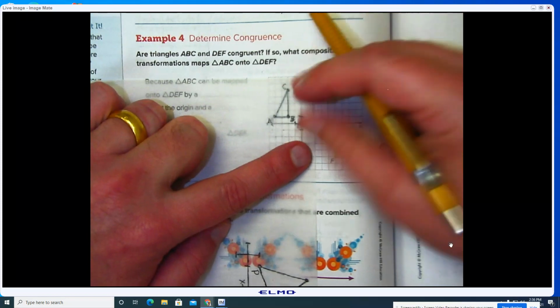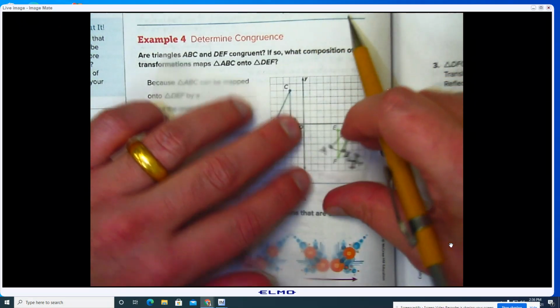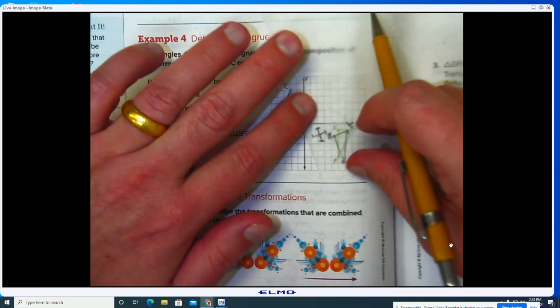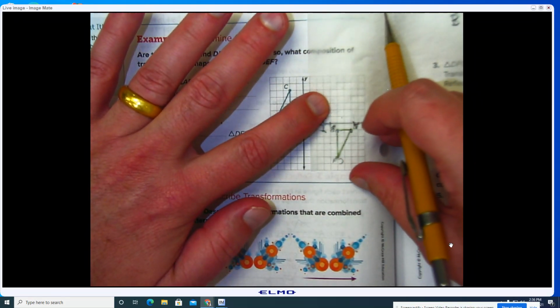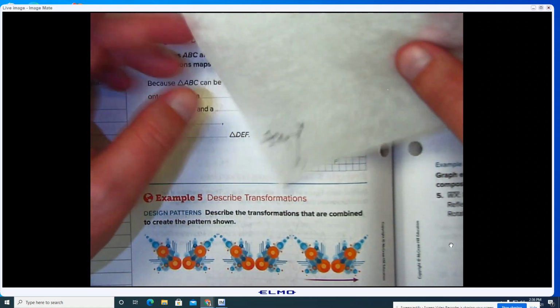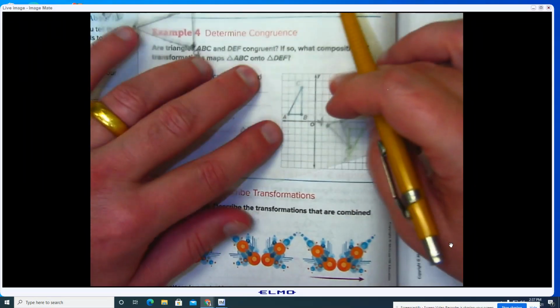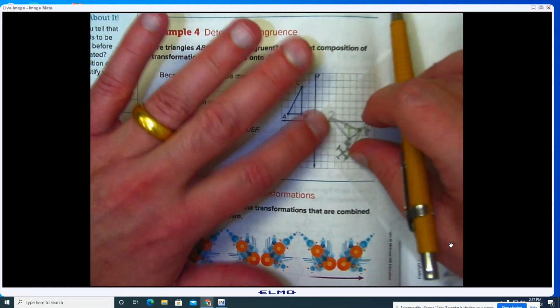All right. So how can we map it onto this one here? And notice if we move it, and even if I turn it around, it maps right on it. So I think that's kind of going to be the key. What about if I have the original and I flip it over? If I flip it over, will it map on top of the other one?